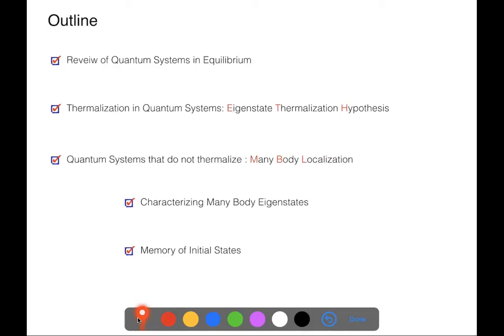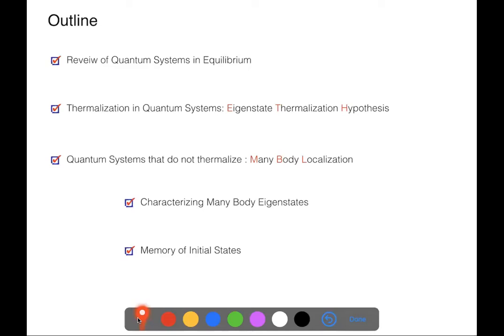And when I talk about it, I will distinguish between what we call single particle localization, which is essentially a non-interacting system version of many body localization, and what we call many body localization, which is non-integrable interacting systems, but which still does not thermalize. Okay, and in this we will talk about two things.